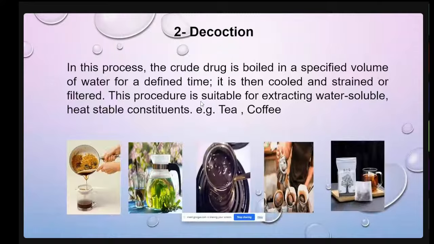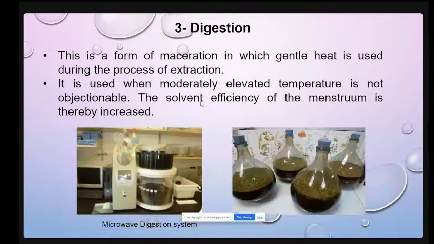It's followed by filtration, mainly with filter paper, and taking off the solvent. Digestion has to use a special instrument, a microwave digestion system. The solvent efficiency of the menstruum is thereby increased.